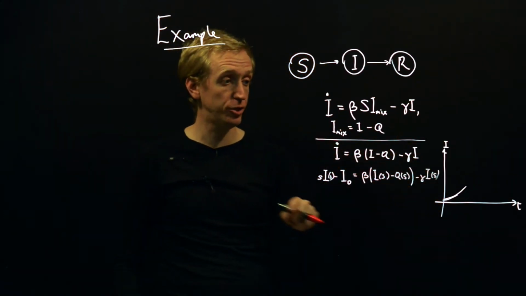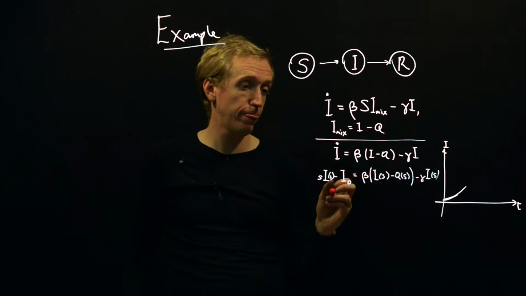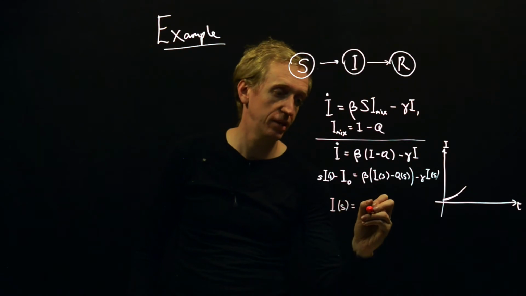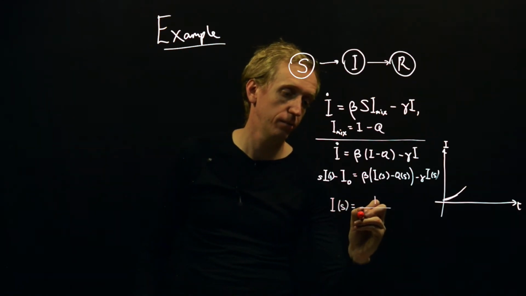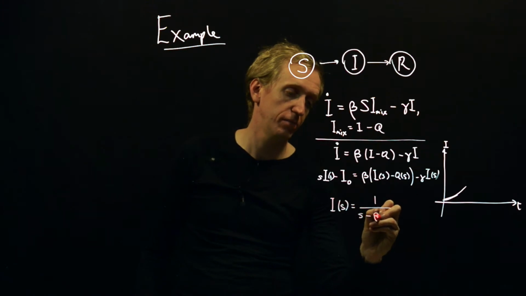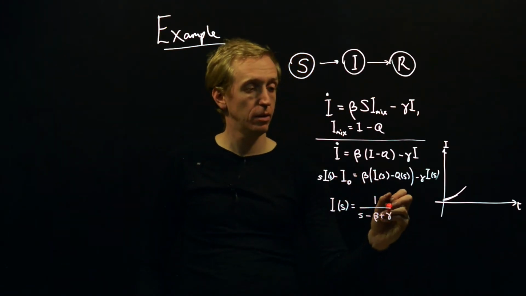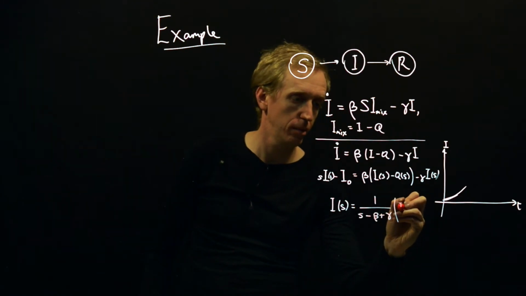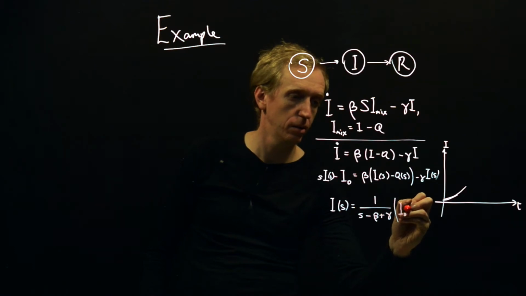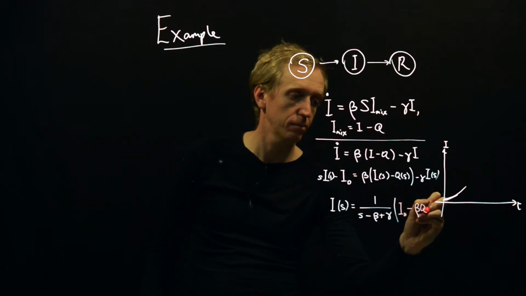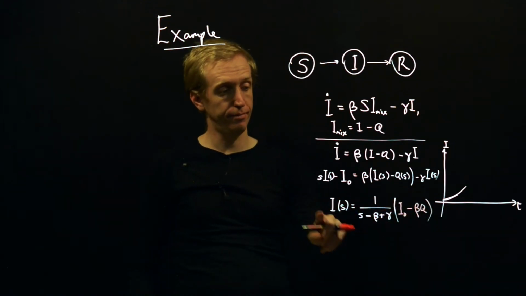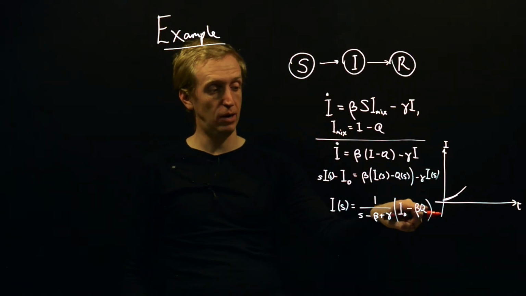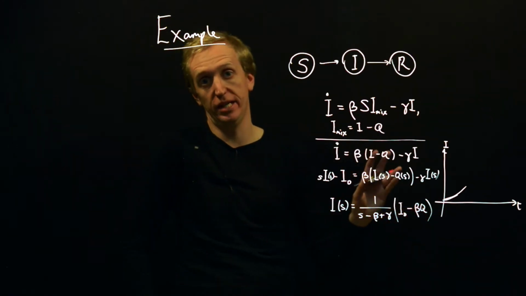Now if we rearrange this, we will find that I of s is equal to 1 over s minus beta plus gamma, and then this is all multiplied by I0 minus beta Q. Here we can see how the size of the infectious population depends on how we're quarantining people and also the initial condition.